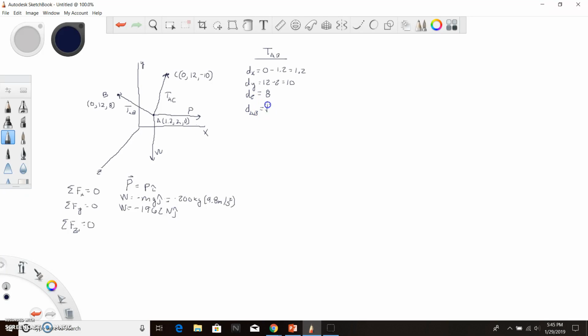That's going to equal the square root of 1.2 squared plus 10 squared plus 8 squared. So that means DAB is going to equal 12.86.